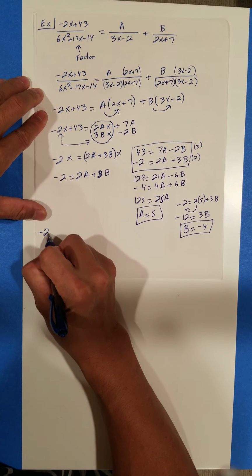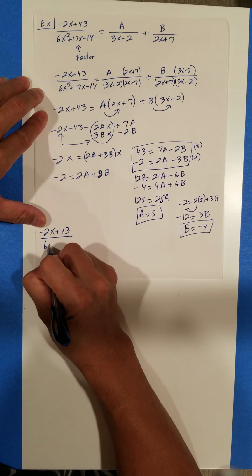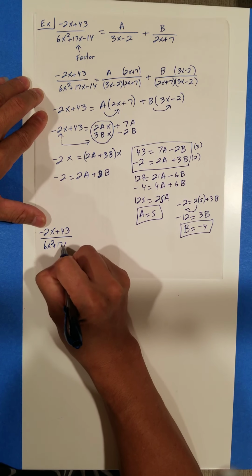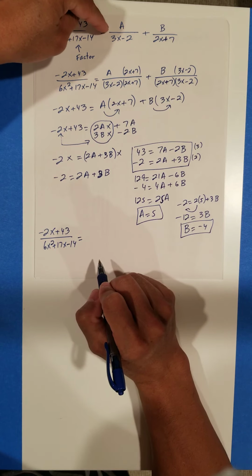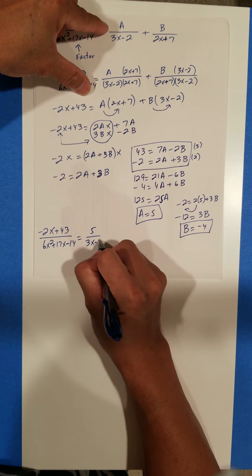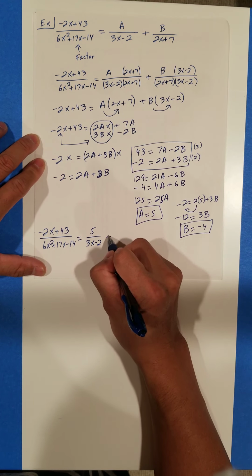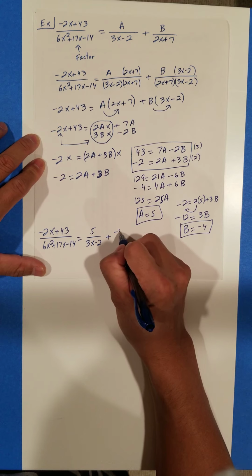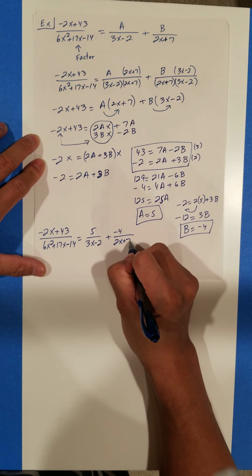So (negative 2x plus 43) over (6x squared plus 17x minus 14) equals A over 3x minus 2, so 5 over 3x minus 2. And then here I found b. So plus, if you want to do plus, you can put negative 4 over 2x plus 7.